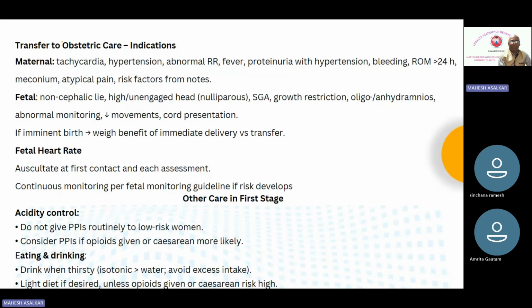Consider proton pump inhibitors if opioids are given or cesarean is more likely. So whenever you give opioids, always give a proton pump inhibitor along with it. Okay. So eating and drinking: she can drink when she is thirsty, and promote isotonic fluids rather than plain water, and avoid excess intake. Okay. Light diet if desired, unless opioids are given or cesarean risk is high.